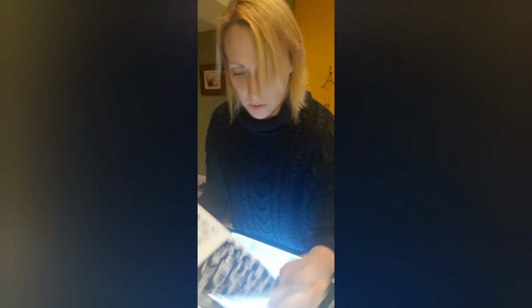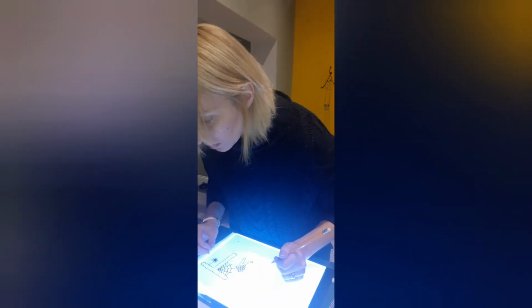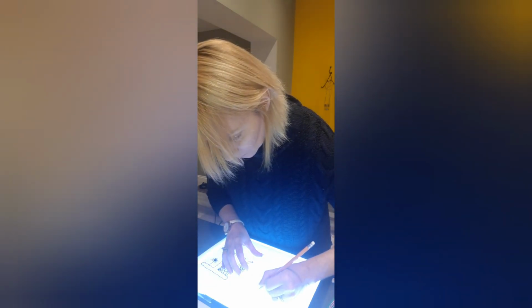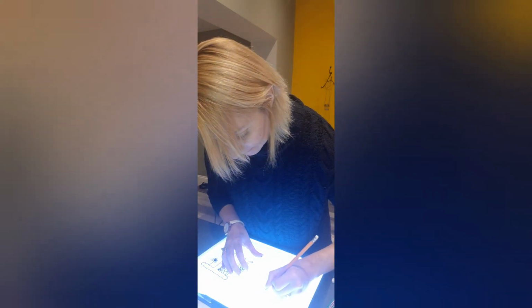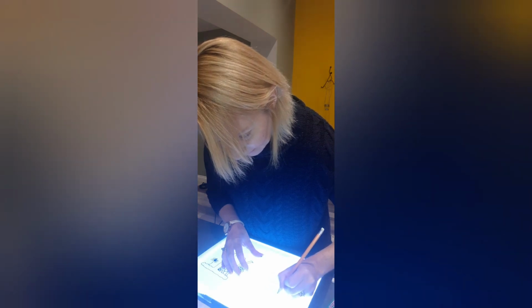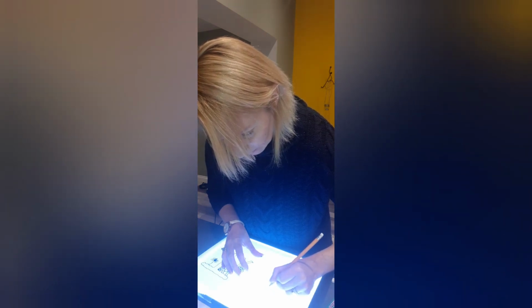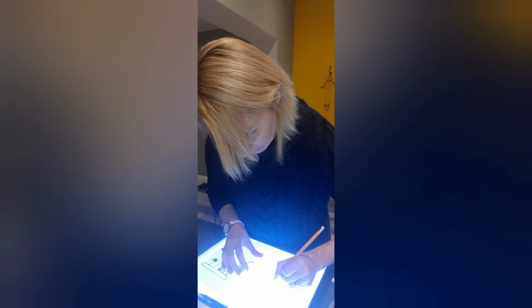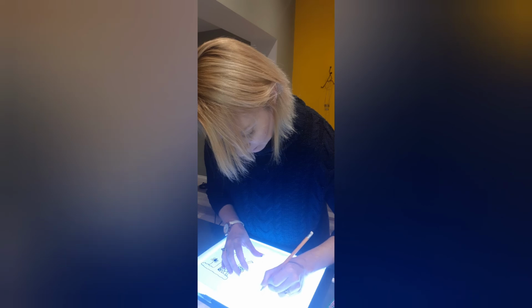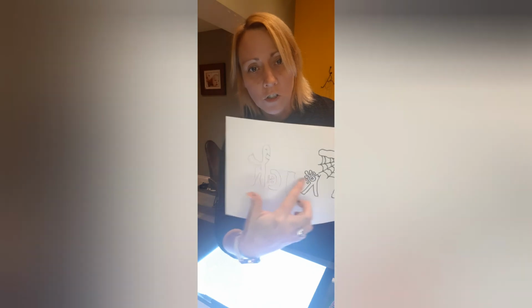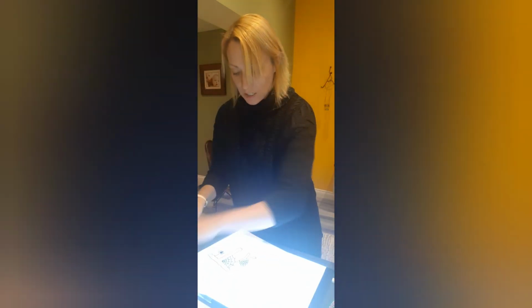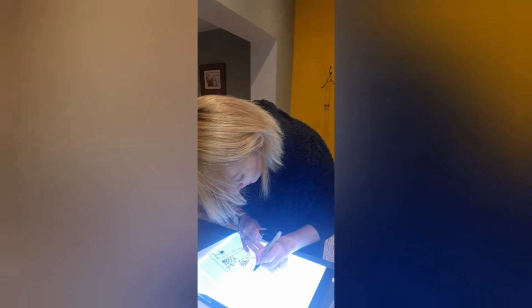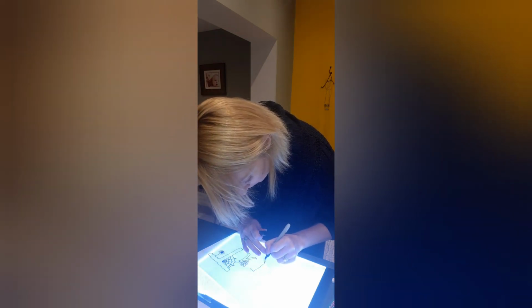So I might do a ghost for the K. Let's have a look at that one. What does the K look like? Oh, that looks quite good. So I've got them there, so I've used my construction lines for my uppercase and my lowercase, and then I'll quickly go over and you can see what it looks like.